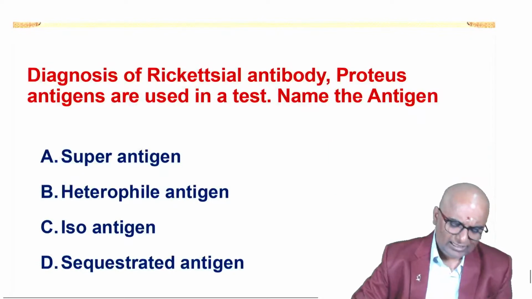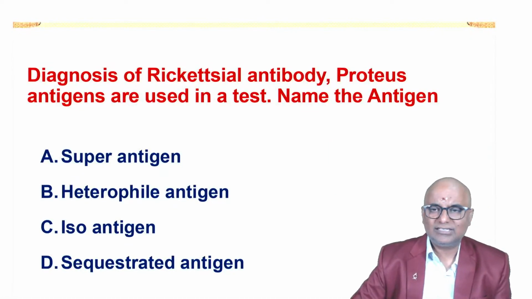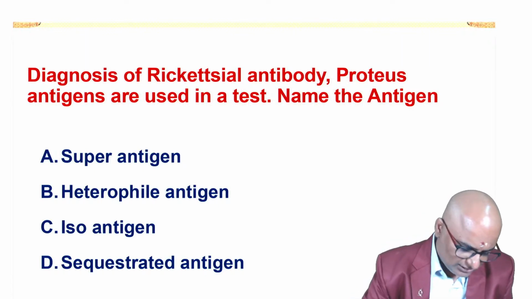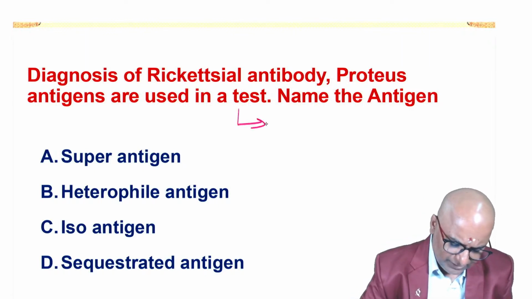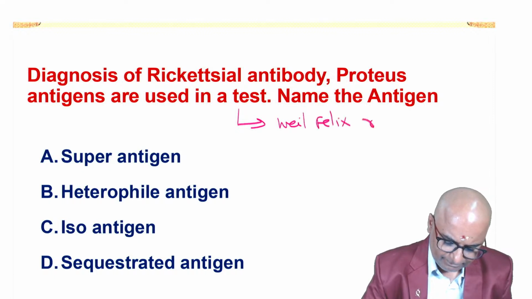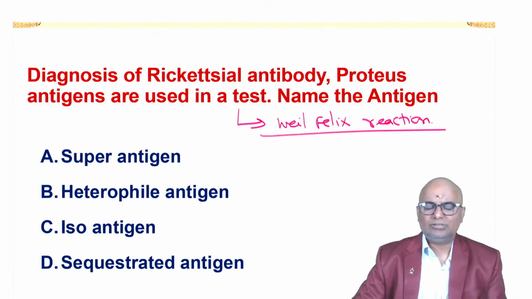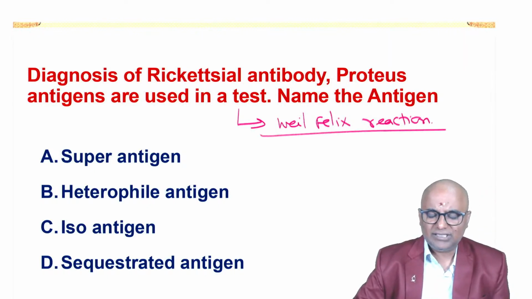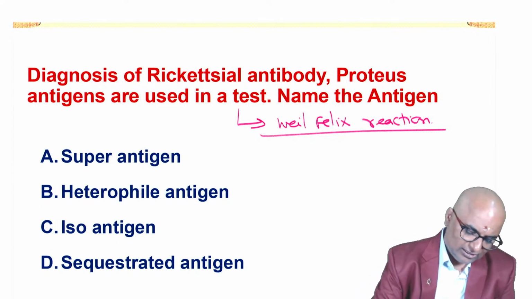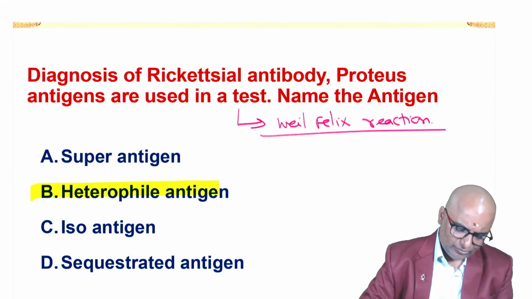Diagnosis of rickettsial antibody. To diagnose rickettsial antibody, we are using Proteus antigens. Name of the test is called Weil-Felix reaction. Same type of antigen present in two different genus or species is called heterophil antigens, and the antibody called heterophil antibody.